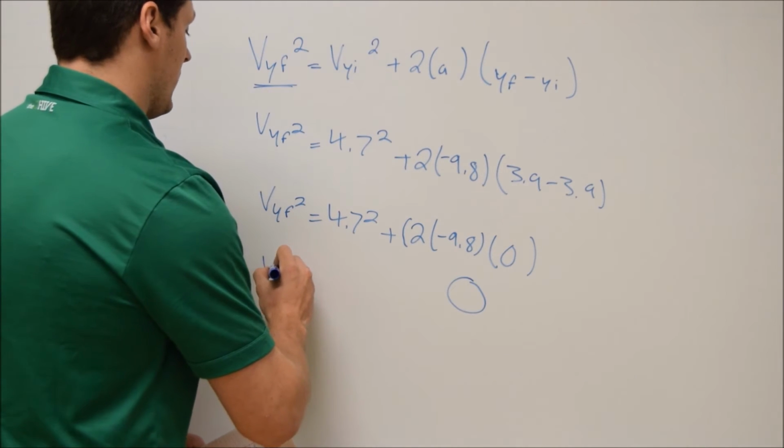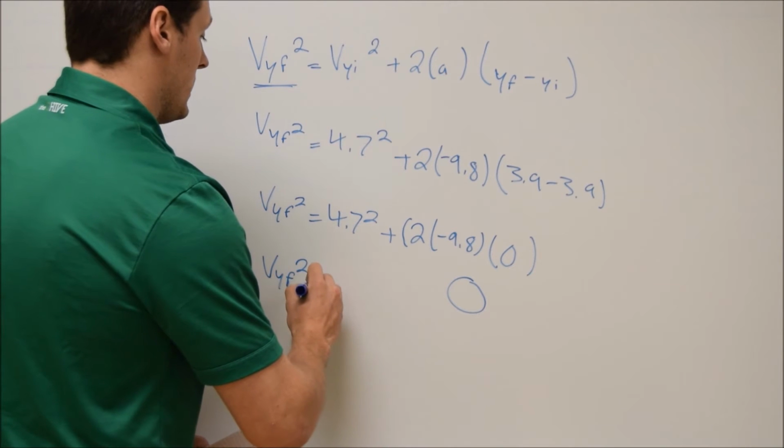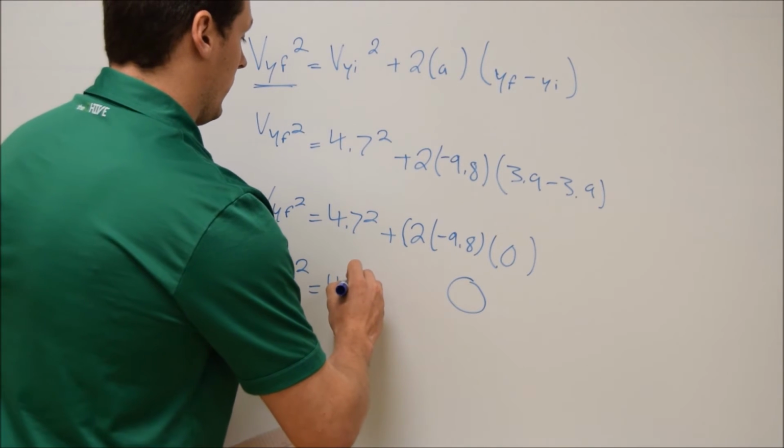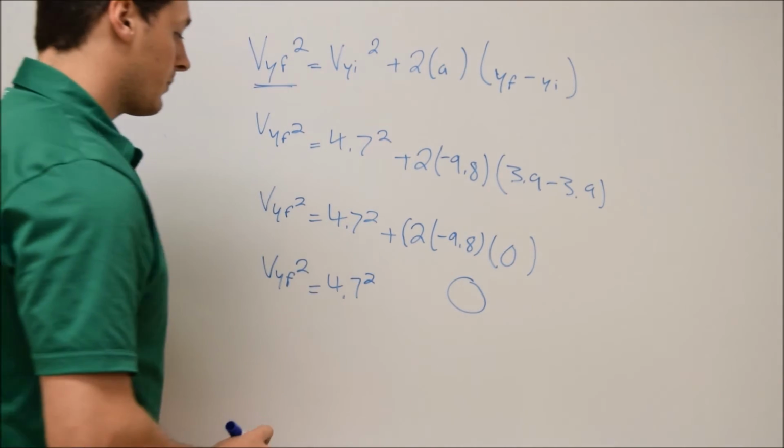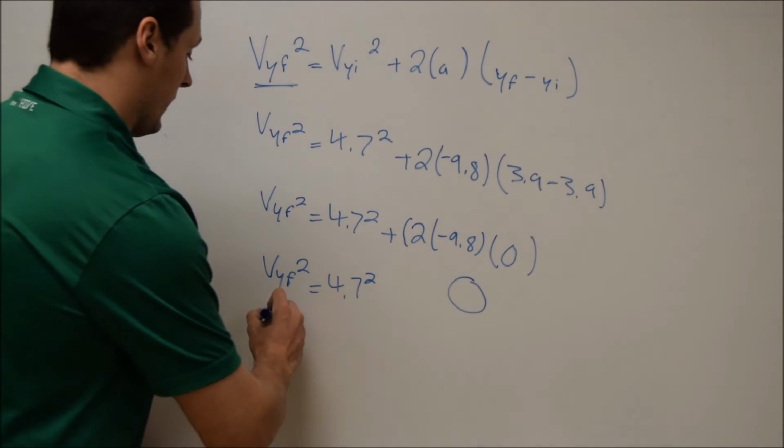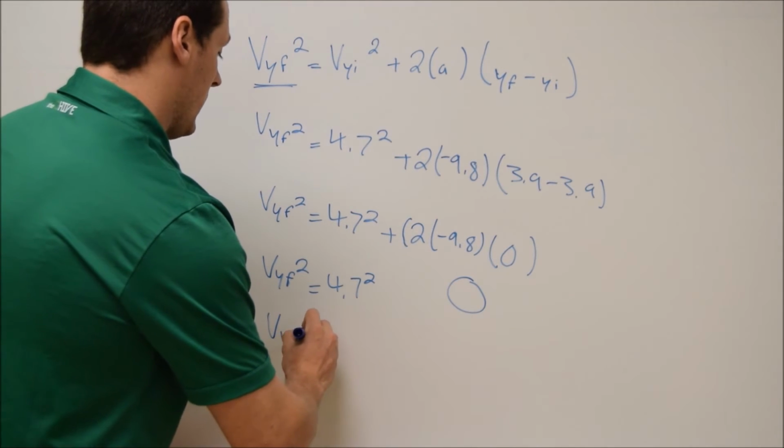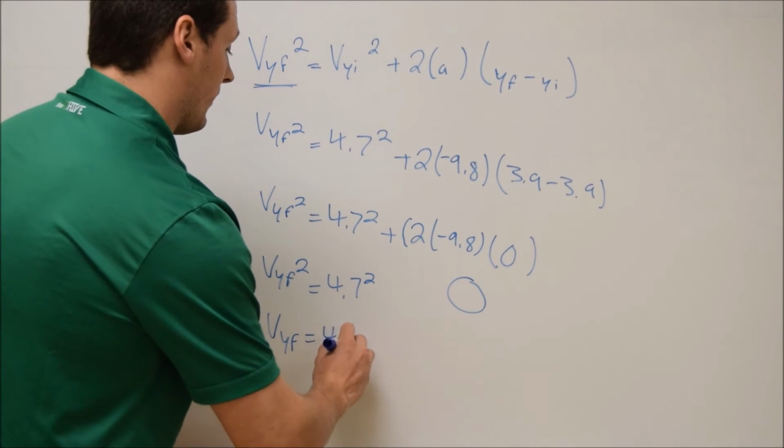So we end up with Vy final squared is equal to 4.7 squared. Then we just take the square root of both sides, and our Vy final is equal to 4.7.